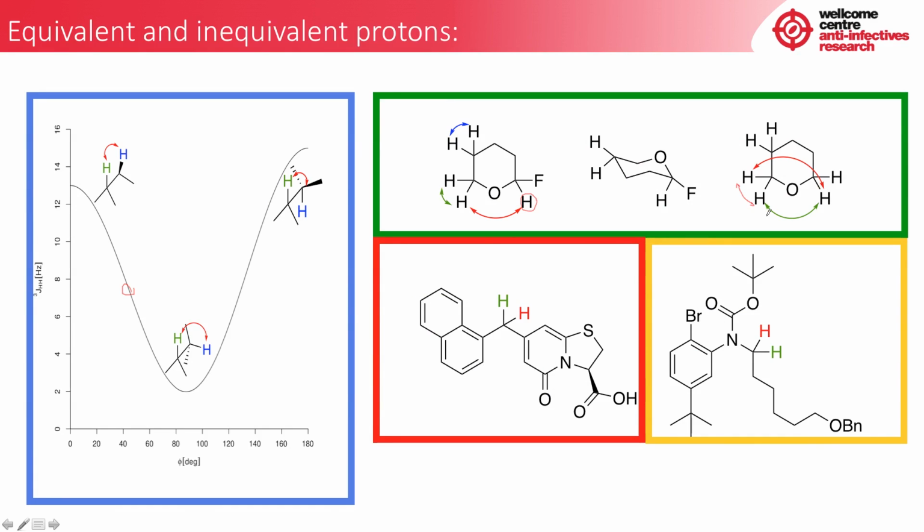However, these two protons and those two protons are going to be the same, and that is because their spatial relationship to other protons to which they can couple is the same. We'll talk about diastereotopic protons, rotamers and atropisomers, and I will even fit in a couple of personal examples.